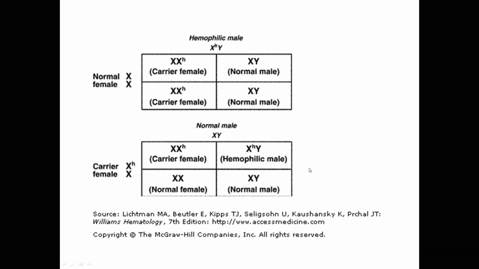The manifestation of the disorder will depend on the stage of the damage to the gene. For example, the factor 8 may be decreased at different levels. A decrease to 15% causes a massive bleeding after a surgical intervention, but not spontaneously.